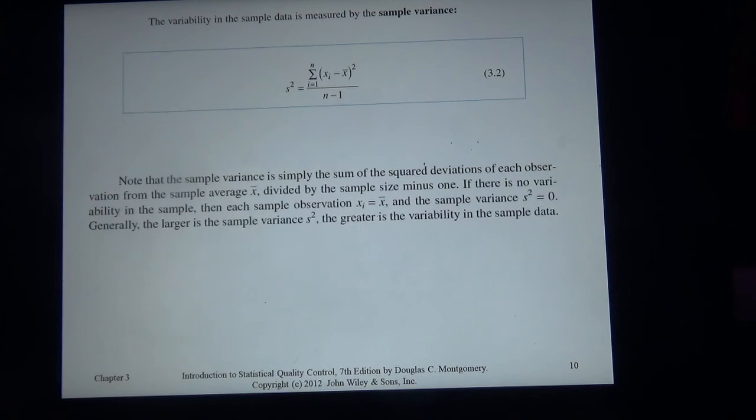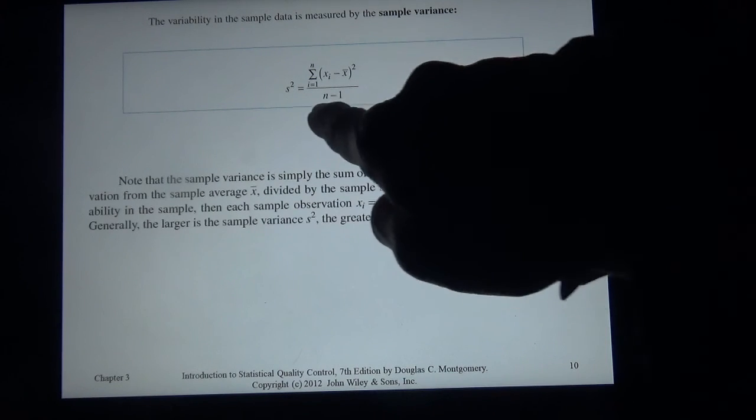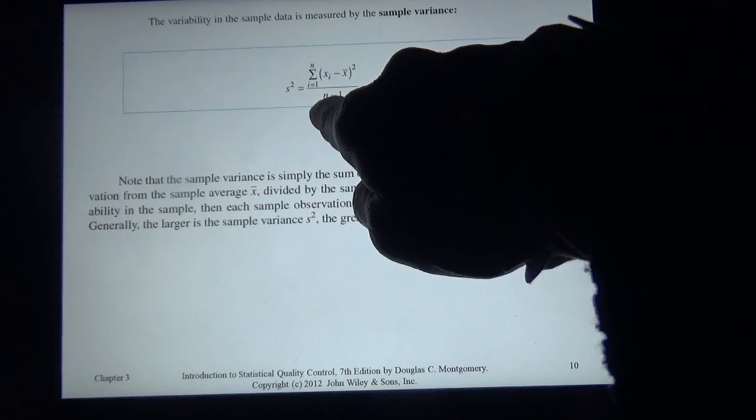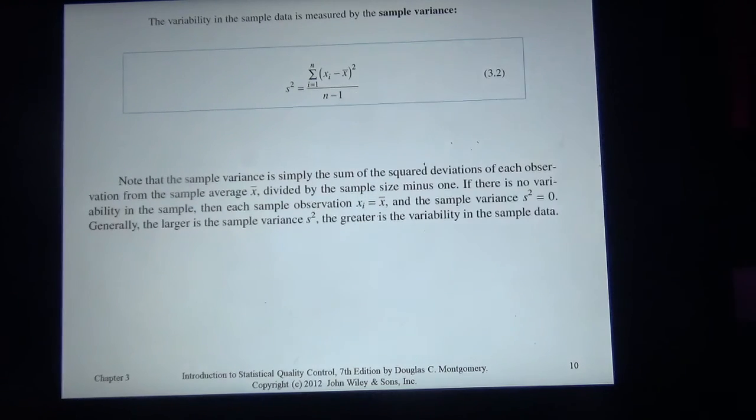The variability in the sample data is measured by the sample variance. Sample variance is different from the population variance in calculation. I would like to draw attention to the denominator, which is n-1.